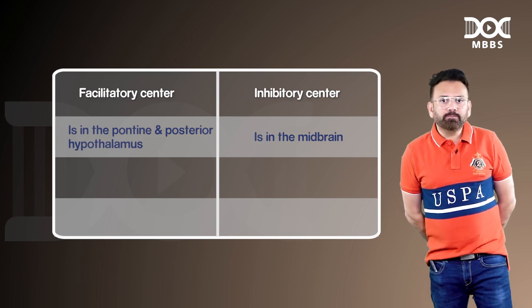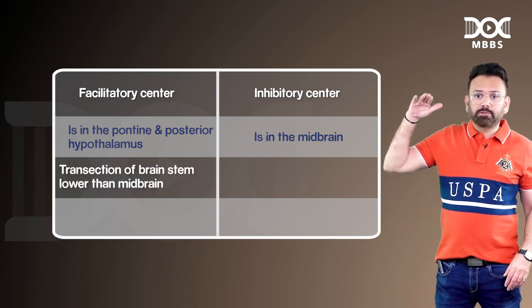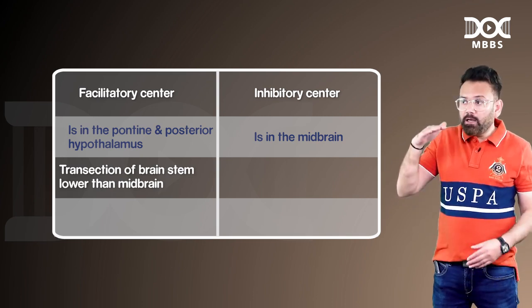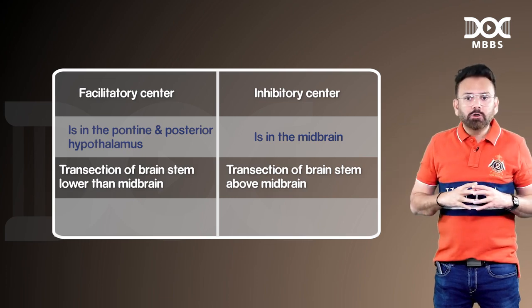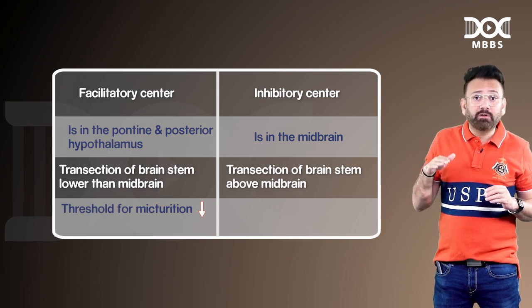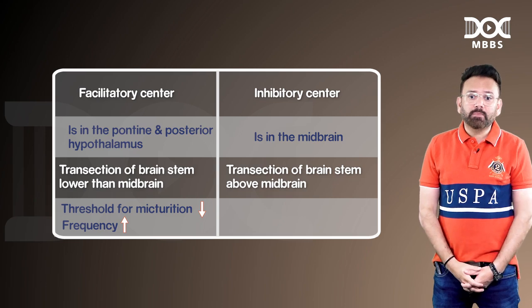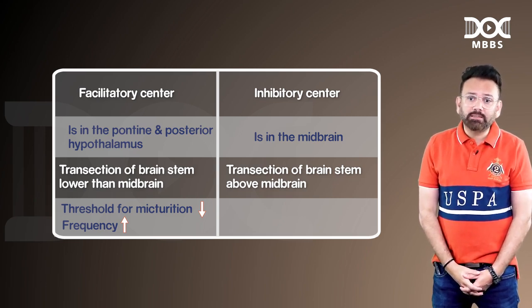That is why, if there is transection of the brain stem above the pons but below the midbrain, what do you think? The midbrain control is lost, so no one is there to inhibit, so the threshold for the micturition reflex will decrease, and there will be frequent micturition because the threshold becomes less; it is less inhibited by the midbrain.